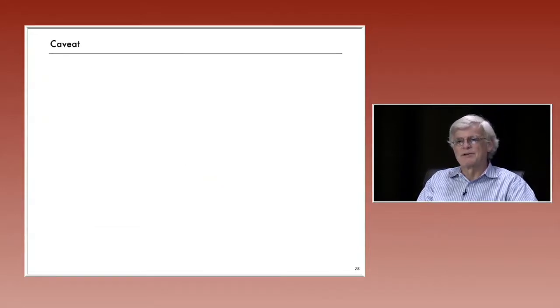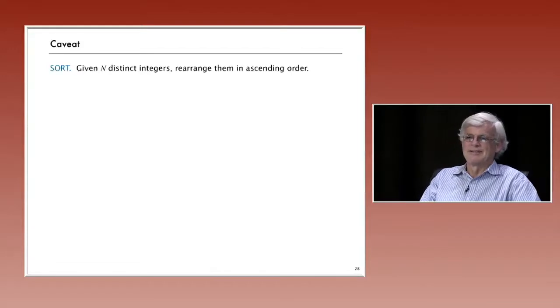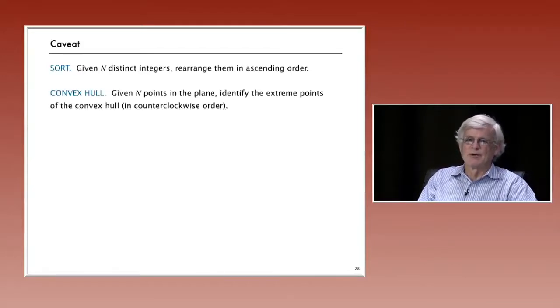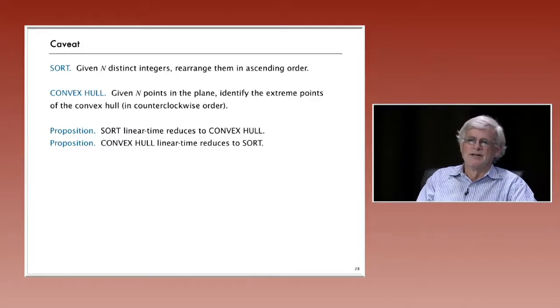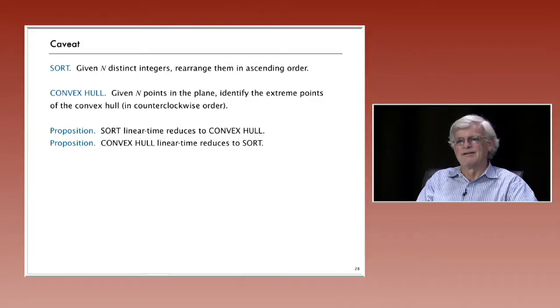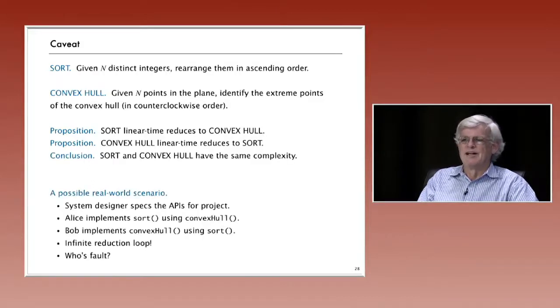Now there is a bit of a caveat to this. It's a little bit of an idealized situation, but it actually is something that can lead to trouble in the real world. So we have these two problems, and we have these two propositions that they linear time reduce to one another. Now it could be that in a big software engineering effort, there's a lot of people making decisions.